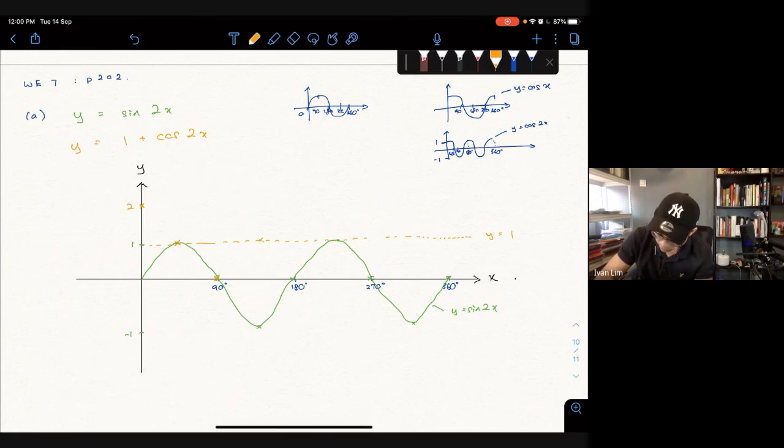Wait, let me see. And go up. And go down again. Okay, so you see here's the middle. Then I need to draw another cos graph. Let me see, where are the main points again? Here, here.